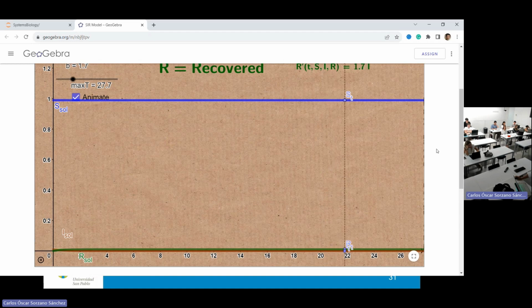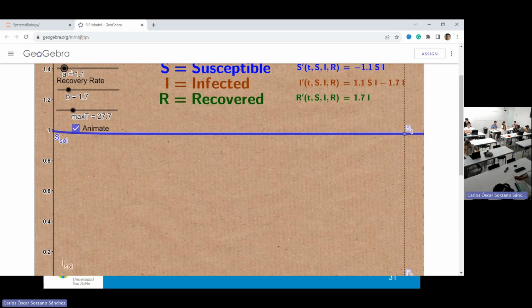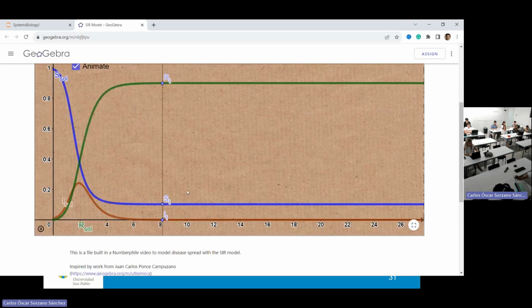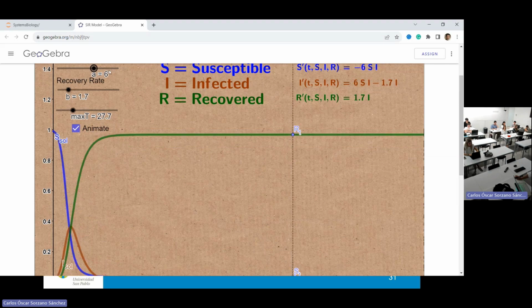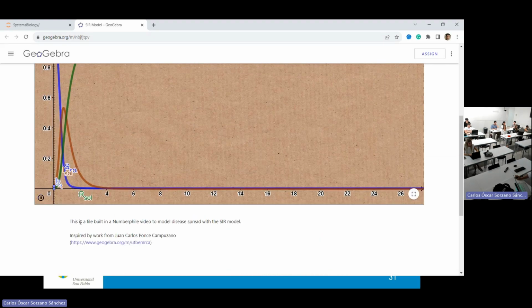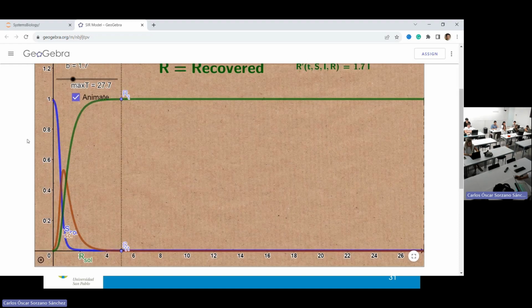But if there is a lot of contact, then everyone will get infected. See? With more contact, now the peak will happen very quickly at the beginning.